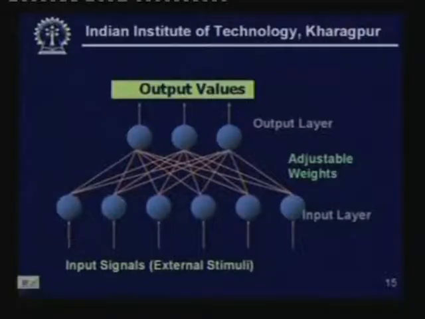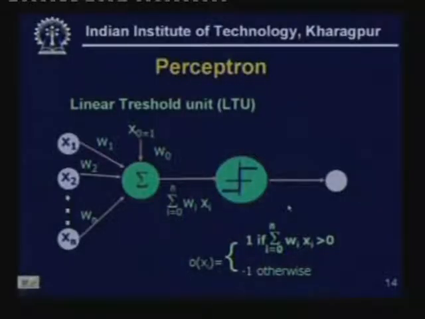As in other concept learning tasks, we start with the training data, and then we find whether the function that we wish to compute at this output is being indeed computed at these output units. So, we try to find whether the correct function is being computed.